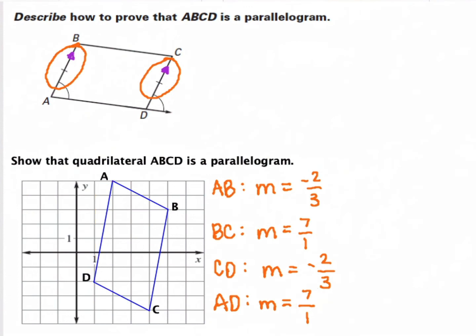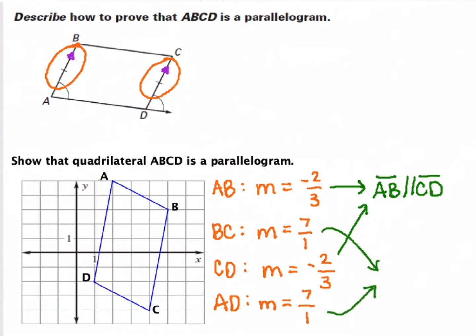So if you were to calculate those 4 slopes, that would tell me that AB is parallel to CD. And it would also tell me that BC is parallel to AD. And that's enough to prove that that's a parallelogram, because remember the definition says if and only if both pairs of opposite sides are parallel.